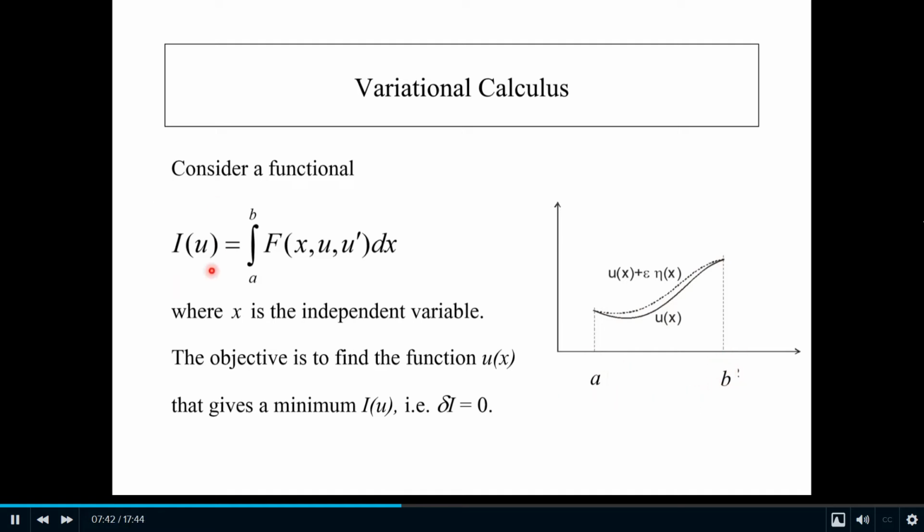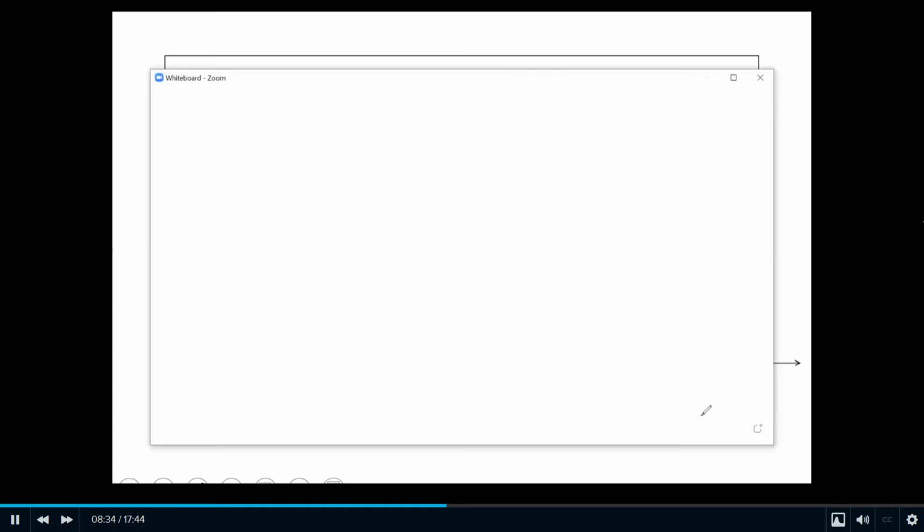We have this integral I containing a function f, and f is a function of x, of course u, and also u prime, integrated between a and b. So you have u here, a function u between a and b. What we need to do is, if you define u like this, we vary u and see what u minimizes this I. Normally when I explain this, I just go back to calculus.